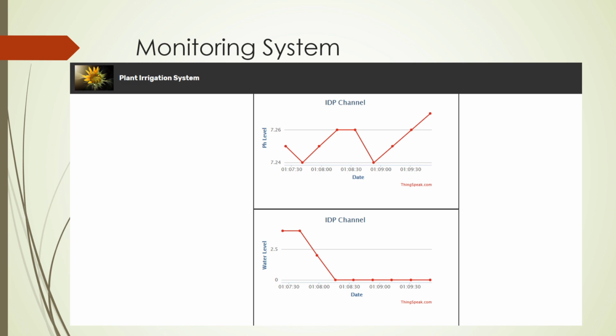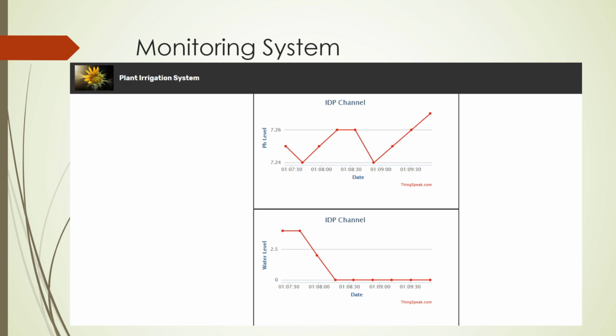For the water level, this assumes that 2.5 is the median value of the water level. So anything above it means that the level of water inside each tank is high. But if it goes lower than that, it means the water is being used, and the flat graph shows that there is no more water inside the tank.